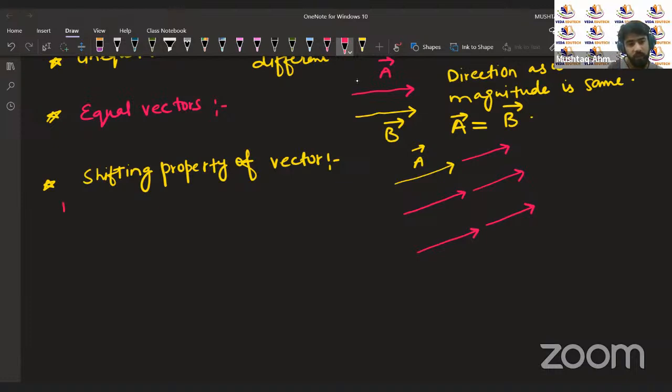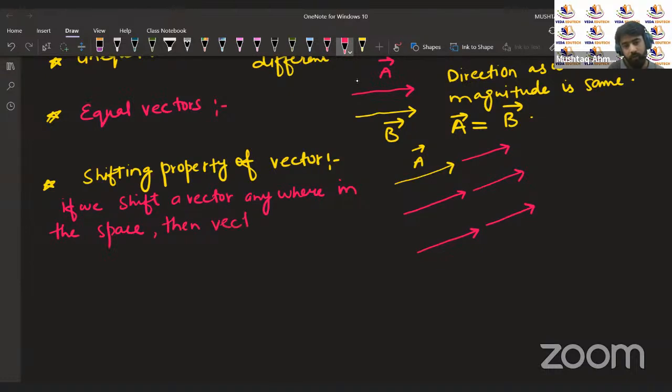It means if we shift a vector anywhere in the space, then the vector does not change.